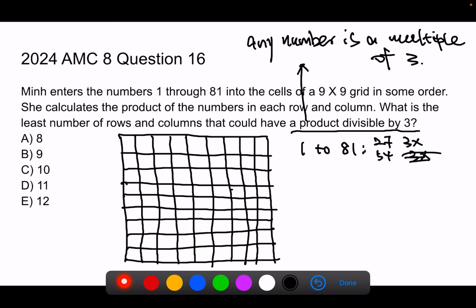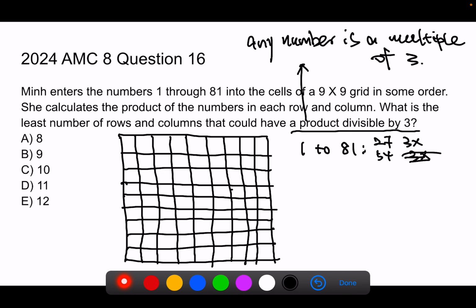Now, you have 27 multiples of 3, and if you put any of them into a row or column, that row or column will have a product divisible by 3. How do you minimize it? There's no clear equation or formula we can use.